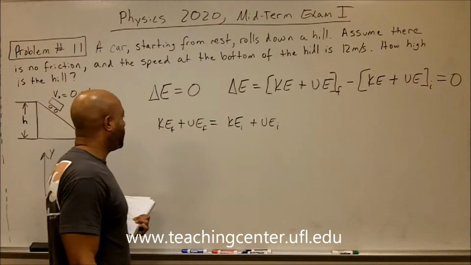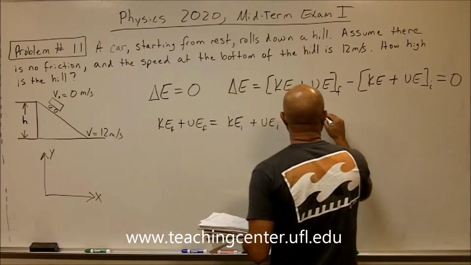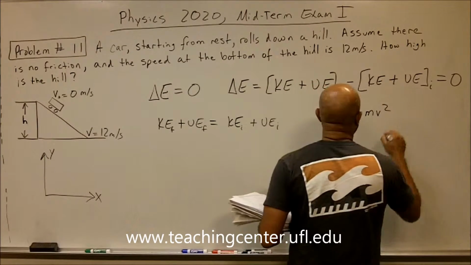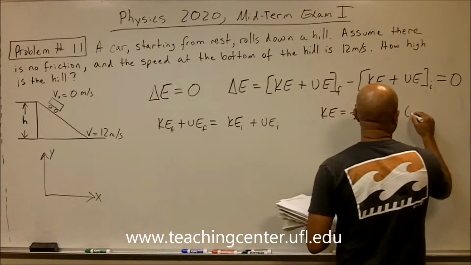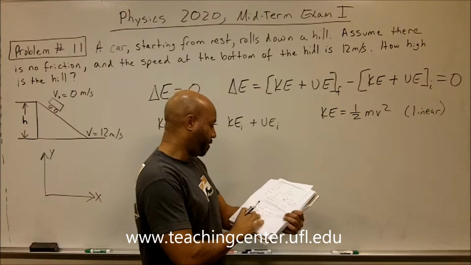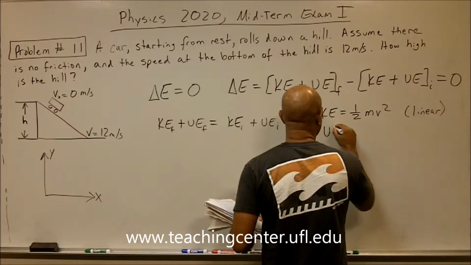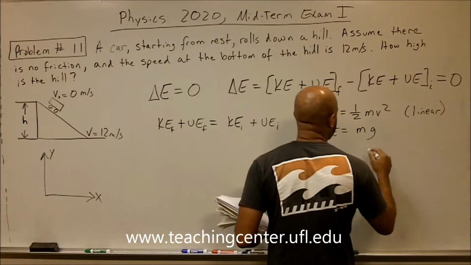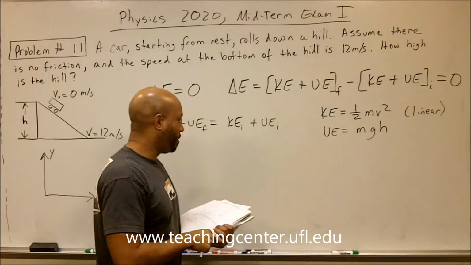All right? Now, given this information, we know that kinetic energy is equal to 1/2 mv squared, and this is your linear kinetic energy, okay? And that's given on your formula sheet under the conservation of energy section. And we know that potential energy is equal to the mass of the object times the acceleration of gravity times the vertical height, okay?